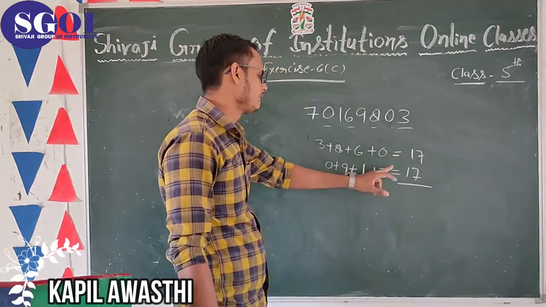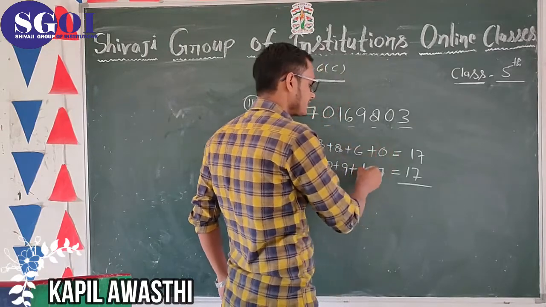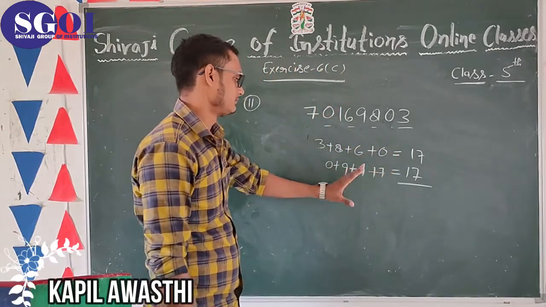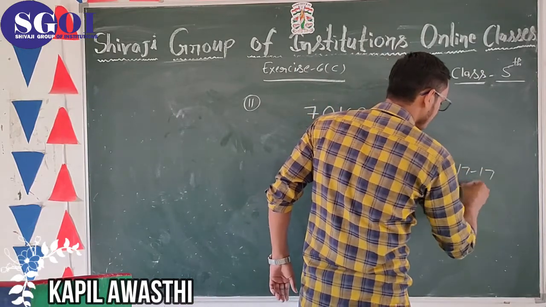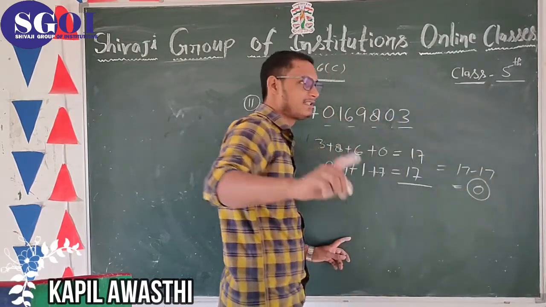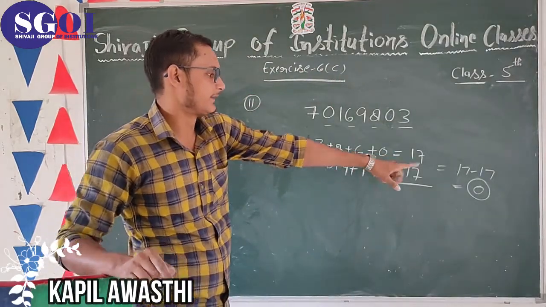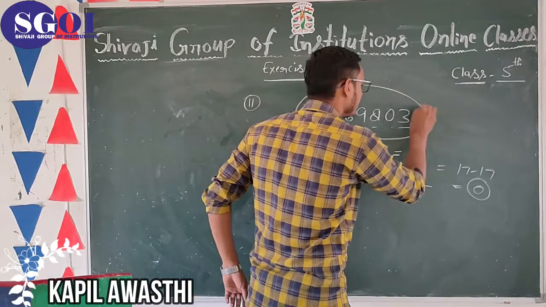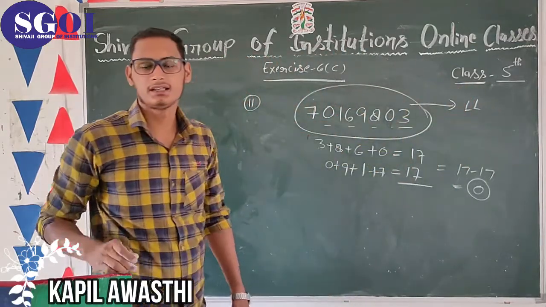The difference of both sums is 17 minus 17, which is 0. If the difference is either 0 or 11, the number is divisible by 11. The difference is 0, so this whole number is divisible by 11.